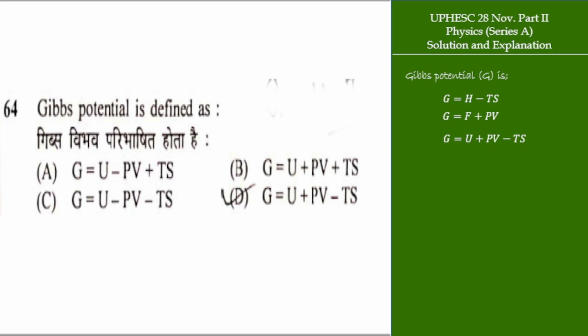So the correct option is option D. We have the formulas for F and H also: F equals U minus TS and H equals U plus PV. So if you put these values in the first two relations, you will eventually find the value of Gibbs potential, which equals U plus PV minus TS. So the correct option is option D, G equals U plus PV minus TS.